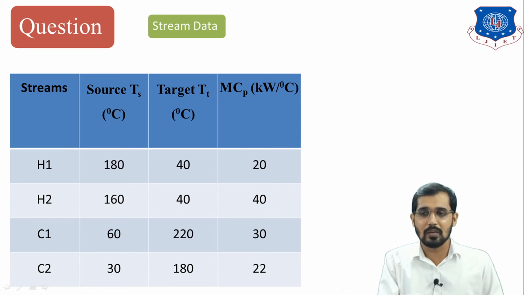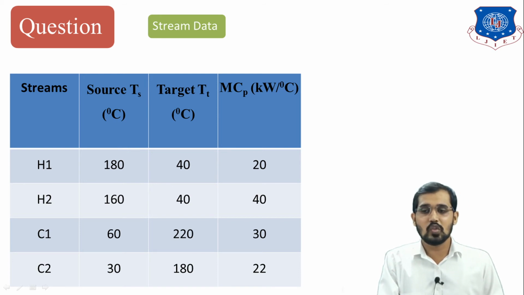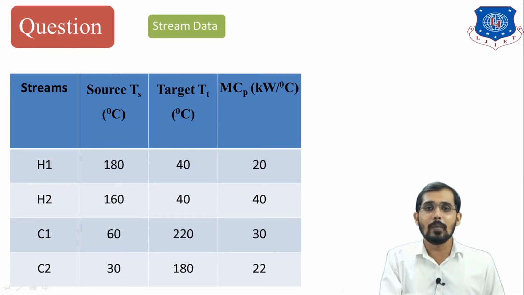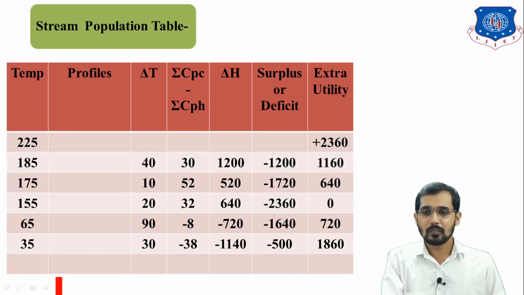So for H1 we are going to reduce this value from the summation of CPC. So 30 plus 22 is 52 minus 20, and 52 minus 20 is 32.